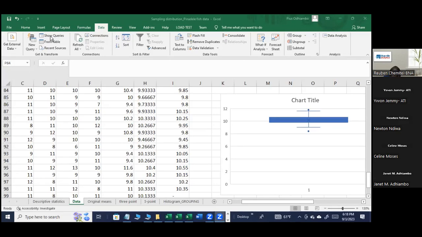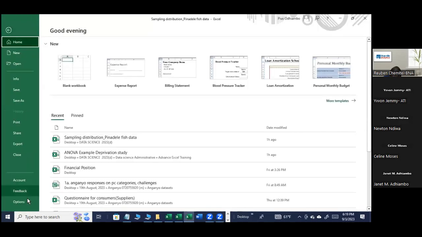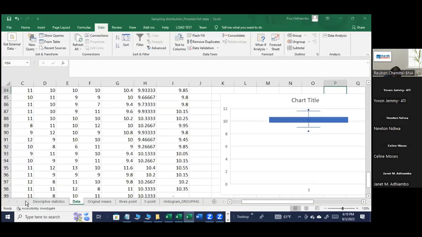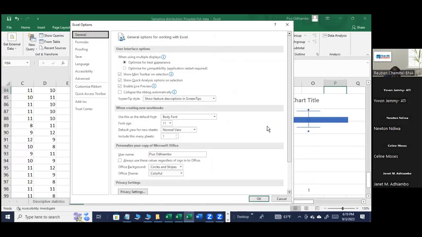Quickly, I can give you the steps again. You'll click File, and then you'll come to Options. You'll get this dialog window here.